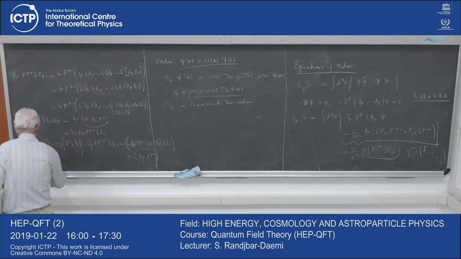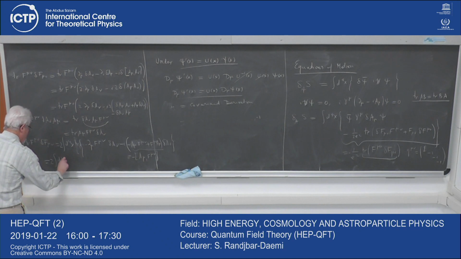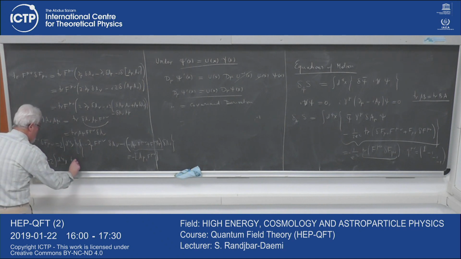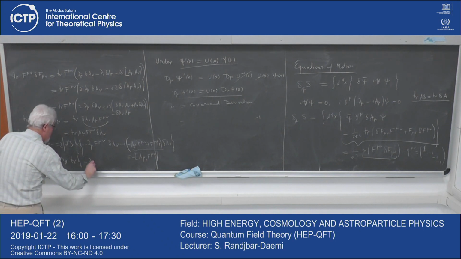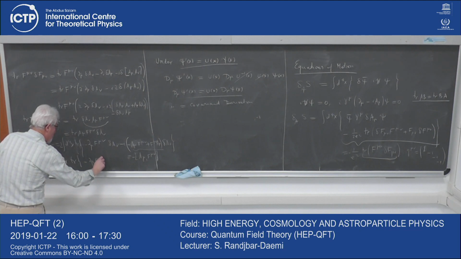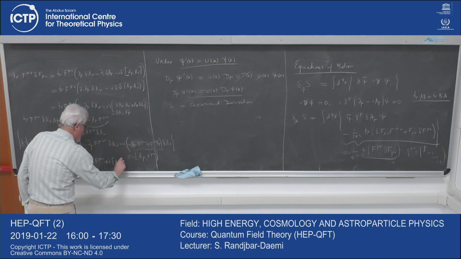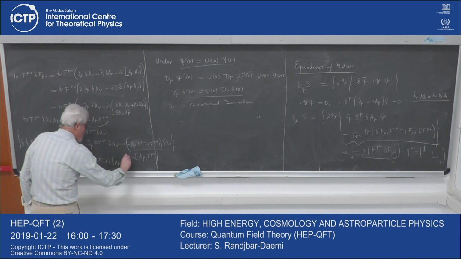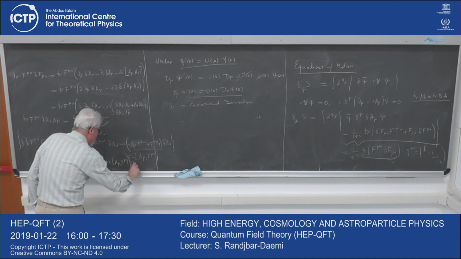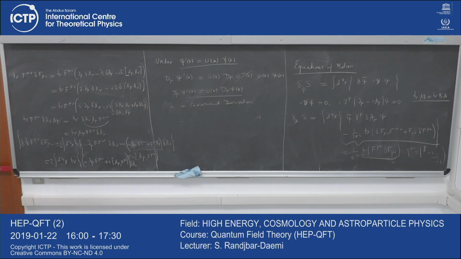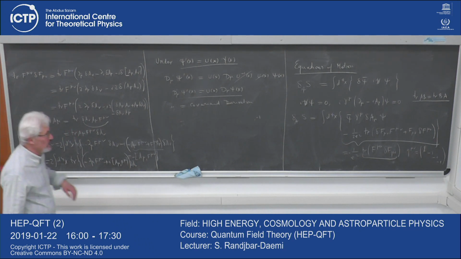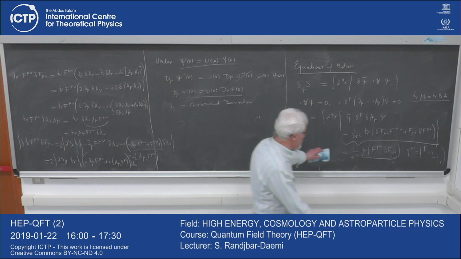So the final expression then becomes a trace of minus d mu F mu nu plus I, the commutator of A mu F mu nu, times delta A nu. That's what we obtained from the variation of this term.